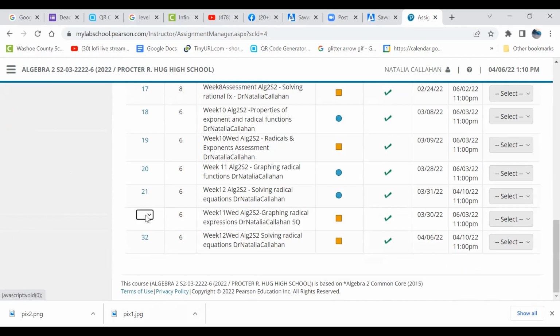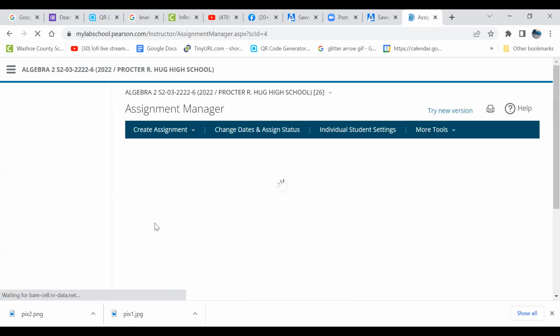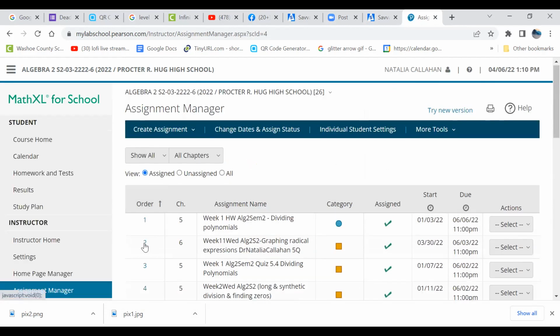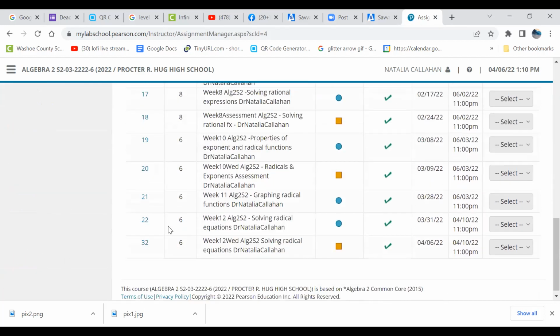This one needs to be changed to 21. And so you have 2 assignments today. You have the Math Excel, and then you also have the quiz for Wednesday. So it's all labeled up there on your Math Excel, so you have access to it.